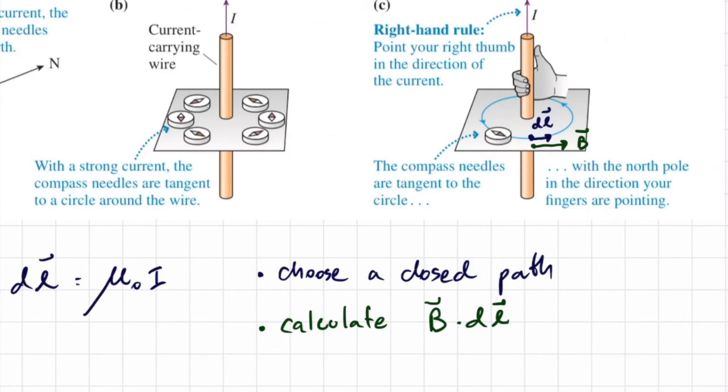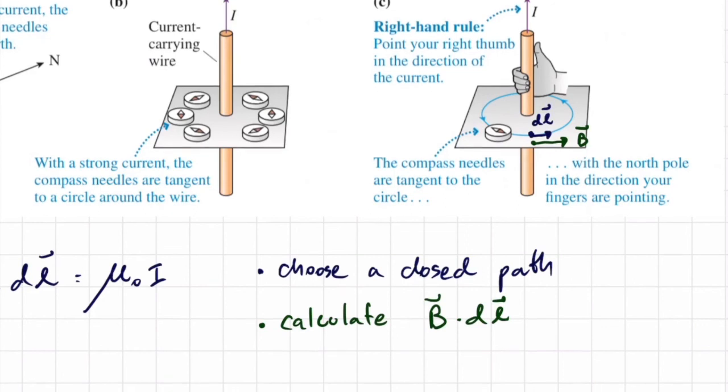The B field points along the circle, and dl is also along the circle because dl has to point along the path that you have chosen from the beginning. So in our case, the dot product becomes just B times dl, because they point in the same direction.